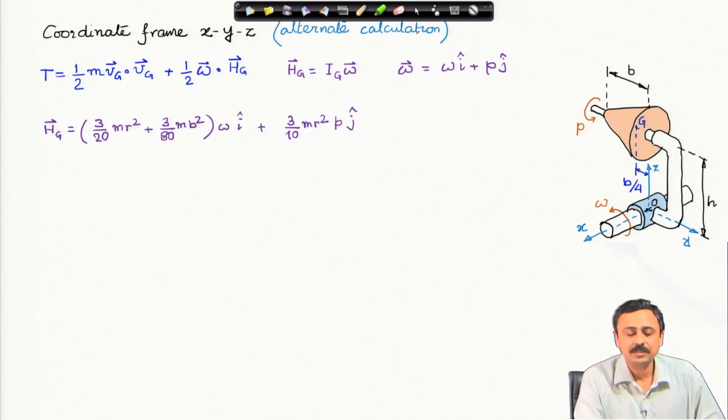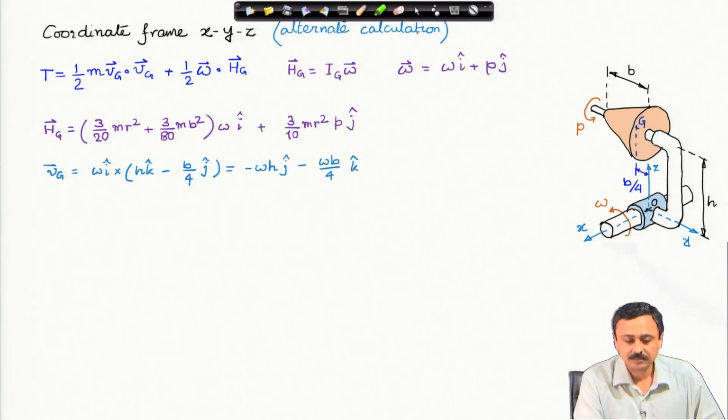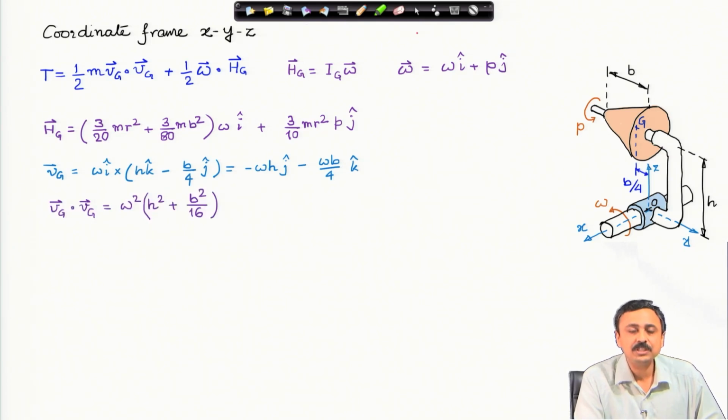Hg is this, the moment of inertia tensor about g times omega, and the velocity of center of mass we have calculated just now in the previous step. We have to calculate Vg dot Vg, which is the magnitude of Vg square, and this turns out to be omega square times h square plus b square by 16.